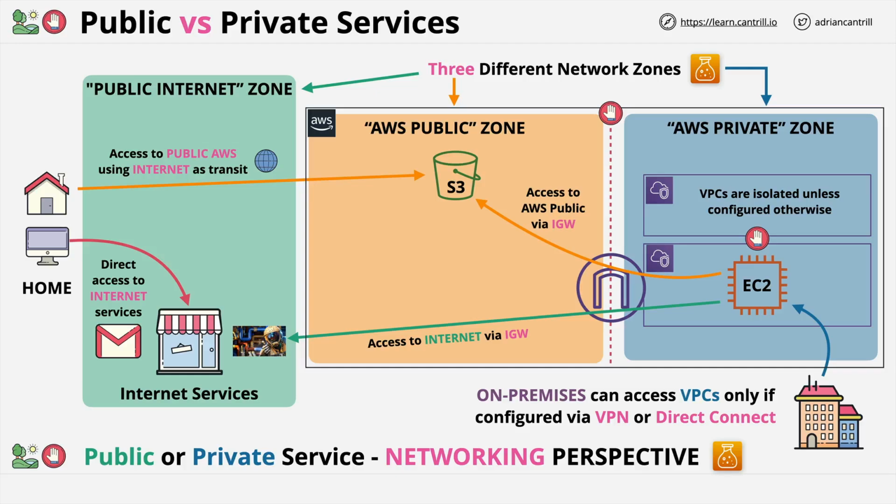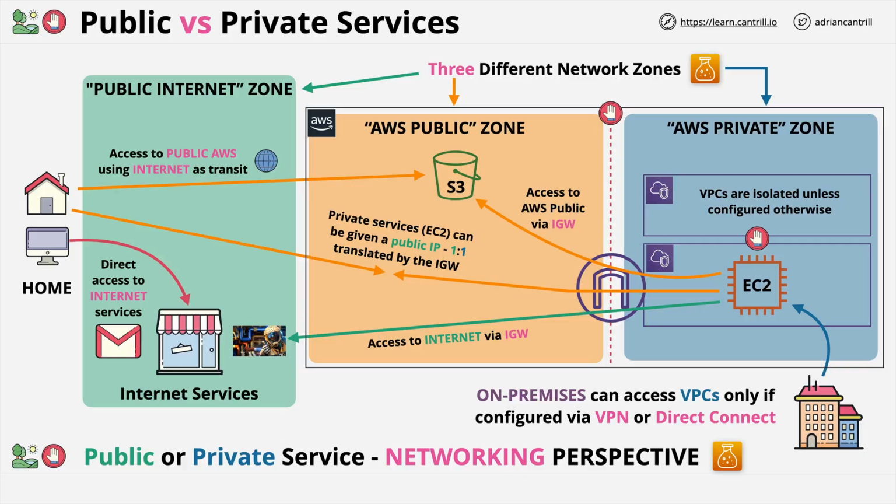Now I mentioned this moments ago, but it's possible to give private resources such as EC2 instances a public IP address, and this allows the resource to be accessed from the public internet. Architecturally, what this is doing is projecting the EC2 instance into the public zone so that all of that instance or part of it can be communicated with from the public internet.